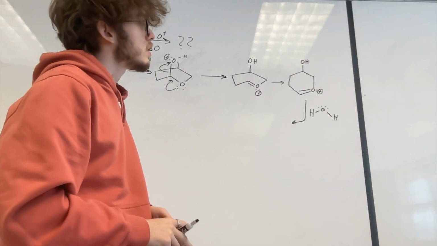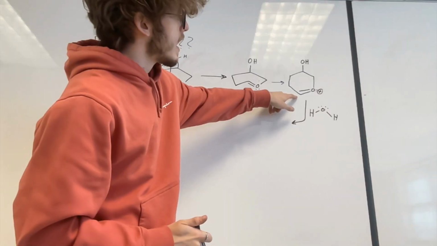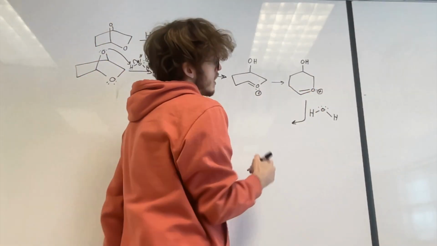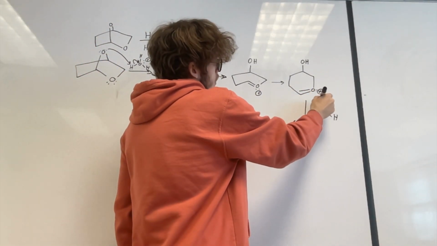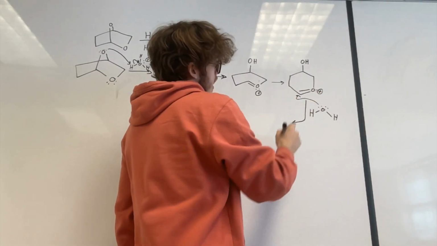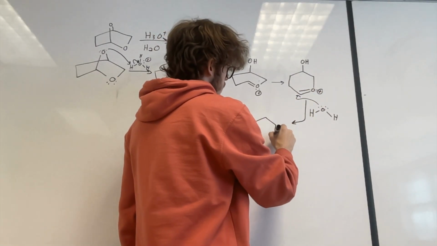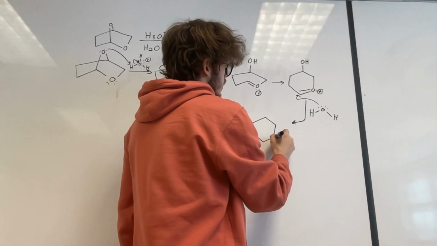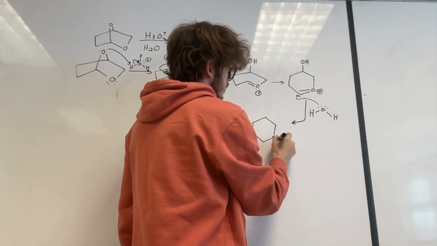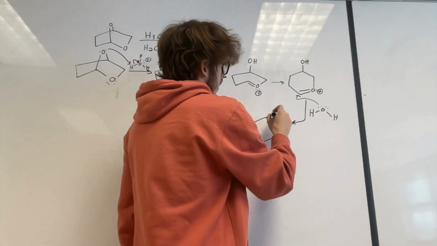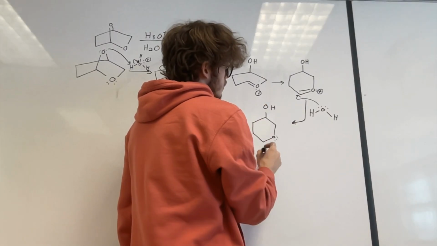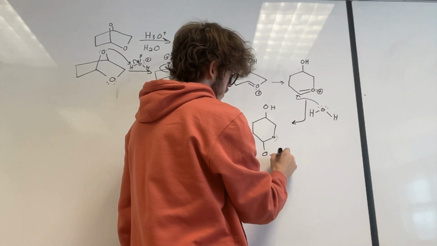So what it's going to do is favor an attack on this carbon, so it can steal the electrons from the pi bond. So water comes in and attacks that carbon. So we actually get this intermediate, I should say. I keep forgetting to draw that oxygen first. All right, so we get this.